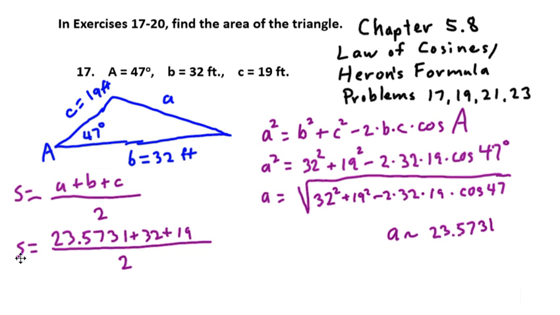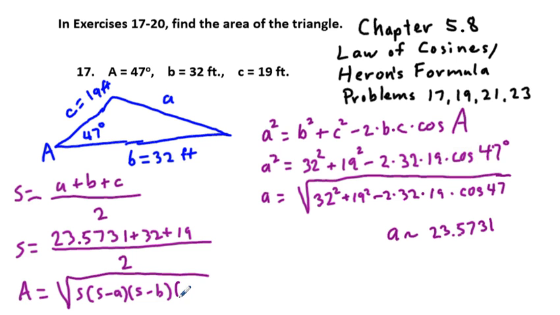And now we go back and we're going to put Heron's formula. And Heron's formula is the area equals the square root of S times quantity S minus A times quantity S minus B times quantity S minus C, all that in parentheses.